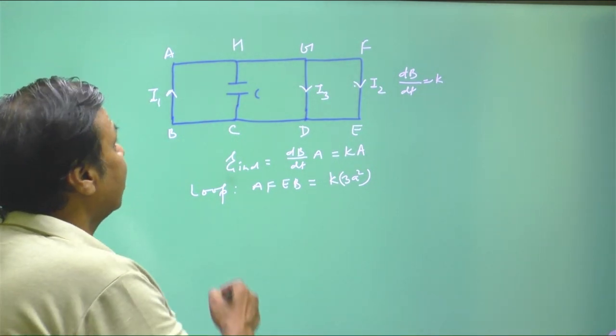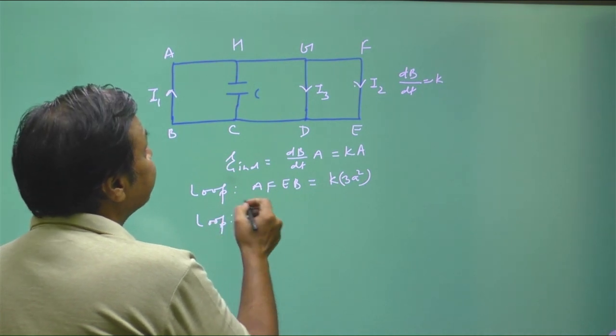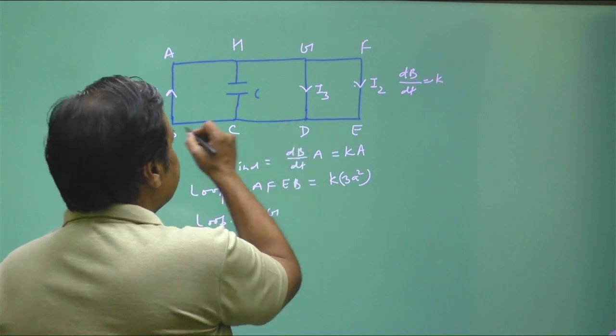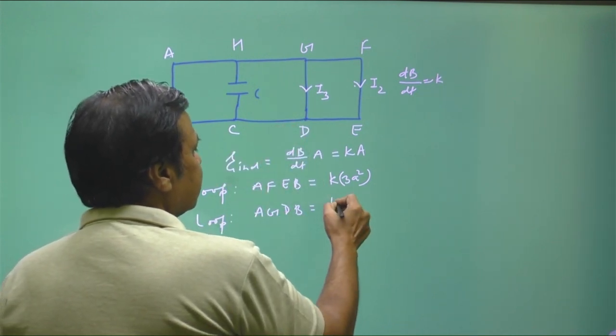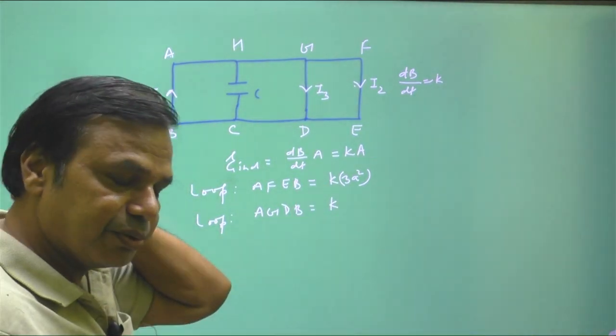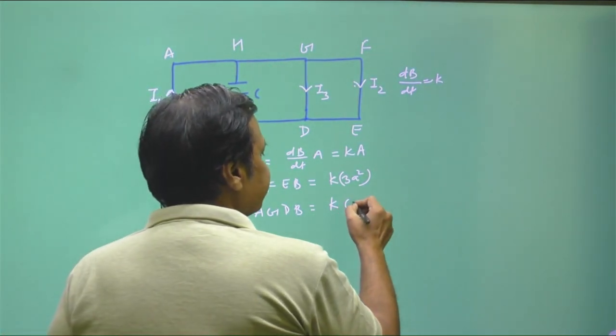And if I take loop number 2, that is AGDB, the rate of change of magnetic field, the rate of increase of magnetic field is a constant, that is equal to K, and the area is simply 2A square.